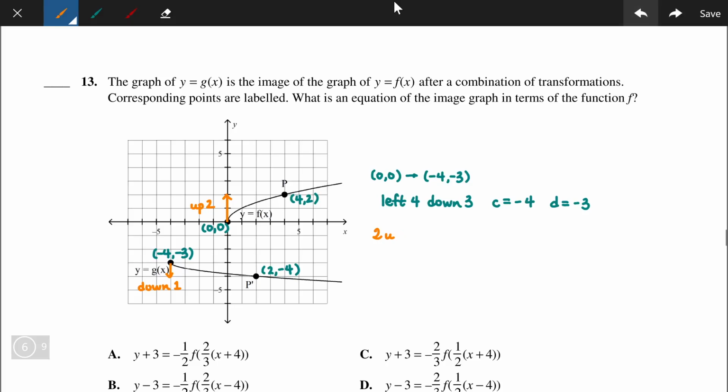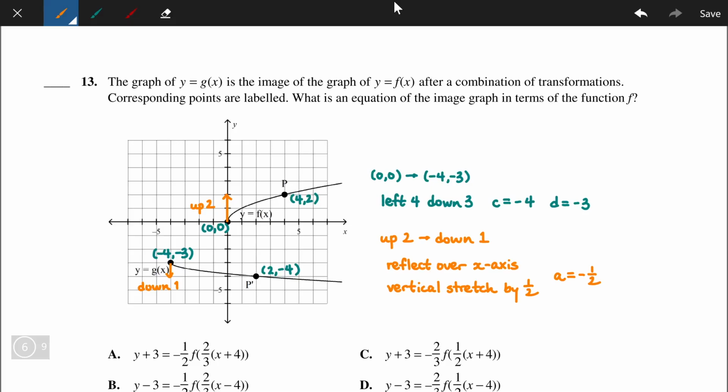Okay, up 2 to down 1 means that there was a reflection over the x-axis, and there was a vertical stretch by 1/2. Which combined tells us that the A value is -1/2.